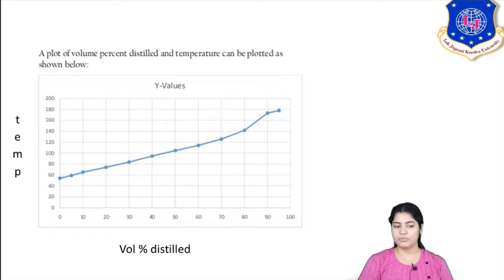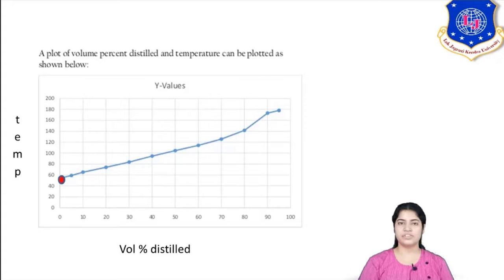Starting from the initial boiling point to the final boiling point, I can relate how, with the change in volume percent of distillate, the temperature is varying. That is what we study in ASTM distillation. This plot shows the boiling characteristics of your gasoline. You can see the first red dot here, near 54 degrees Celsius.